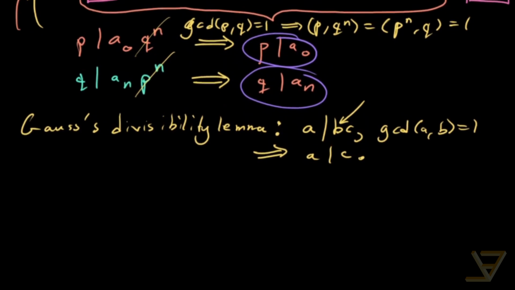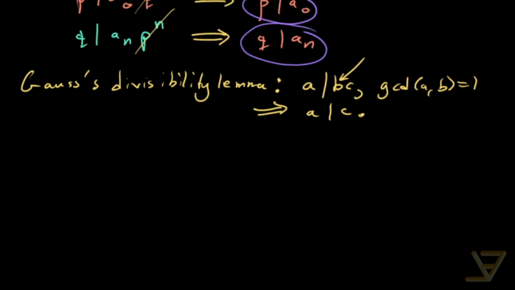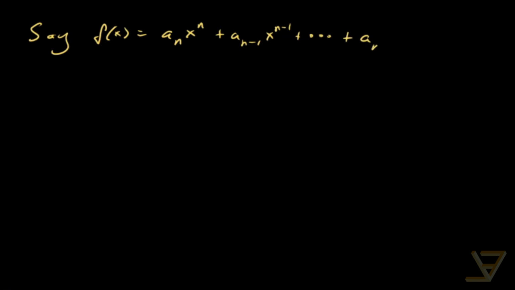I just want to show you what happens if we have a tail of 0 coefficients. So say f of x is equal to a_n x to the n plus a_{n-1} x to the n minus 1 all the way through to a_{k+1} x to the k plus 1 plus a_k x to the k, and after that they're all 0 coefficients.